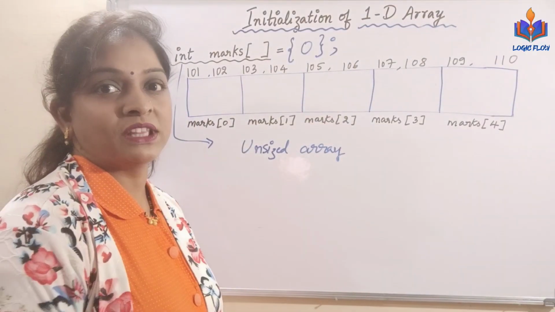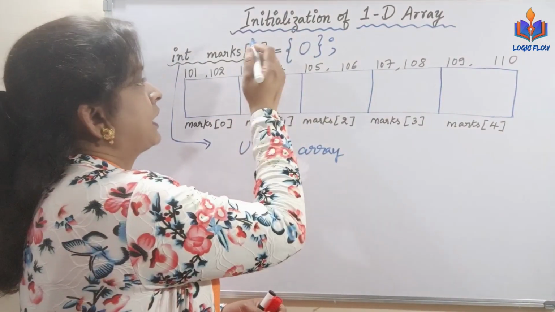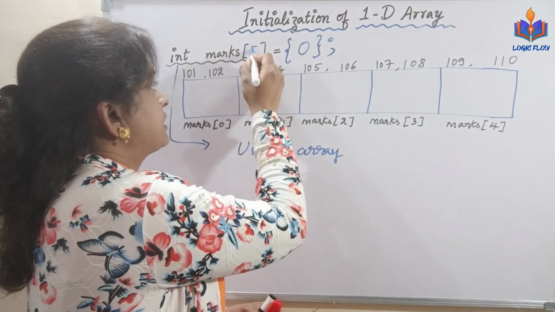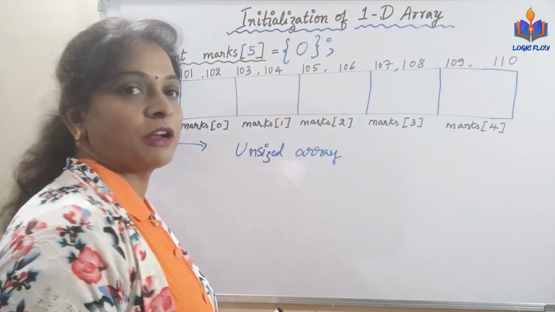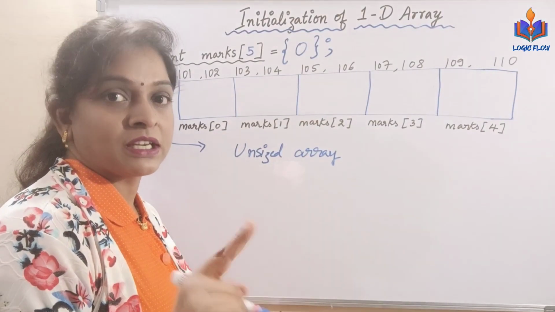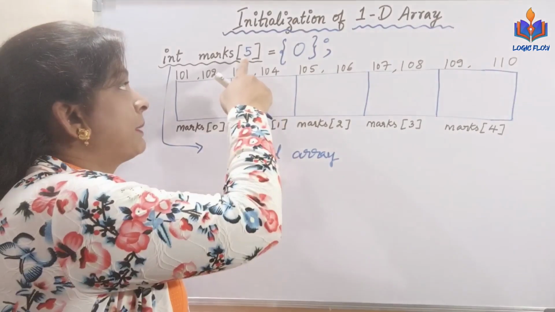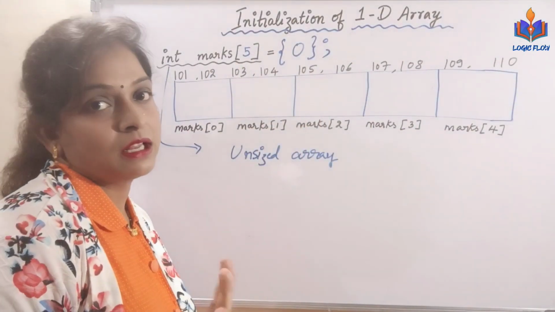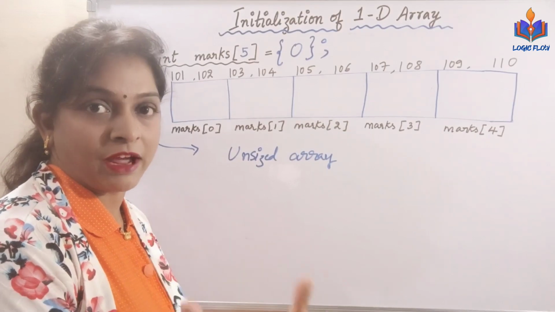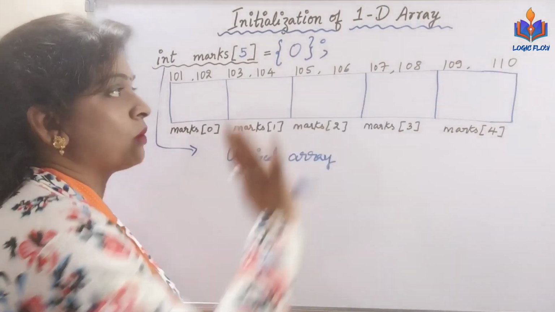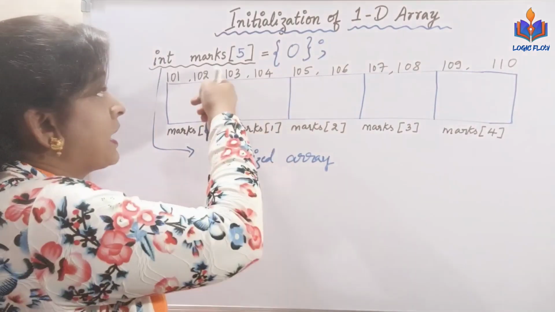Here we go with the next method of initializing the 1D array. Look at this example. I can mention the size here also. I say marks of 5 filled with 0. Within the braces I mention only one 0. It means the compiler will know how many zeros to fill, depending on the dimension. It says you have to allocate the memory to store 5 values, 101 to 110, as soon as the compiler encounters the array declaration.